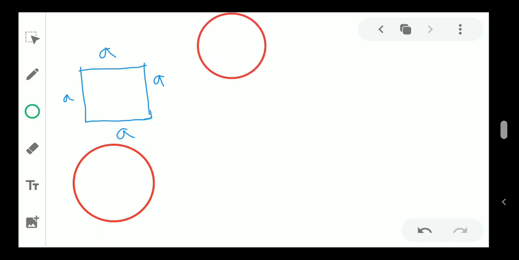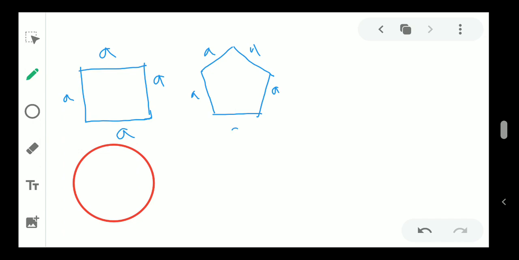Okay, so now I am going to increase one extra side. So this is a pentagon. Does it look like a circle? Not really. Okay, so I will draw now a hexagon. Does it look like a circle?